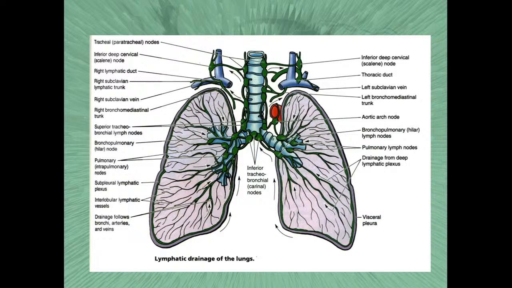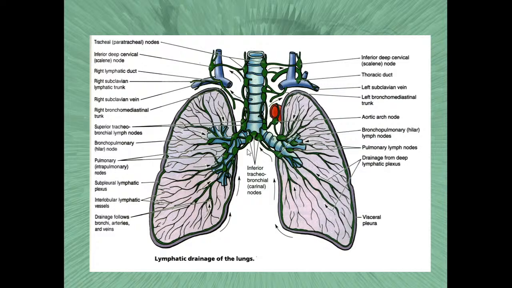Then lymph drains into the pulmonary lymph nodes located inside of the lungs parenchyma along the pathways of the bronchi. Next group of regional lymph nodes located in the hilum of the lungs and represented by the bronchopulmonary lymph nodes.